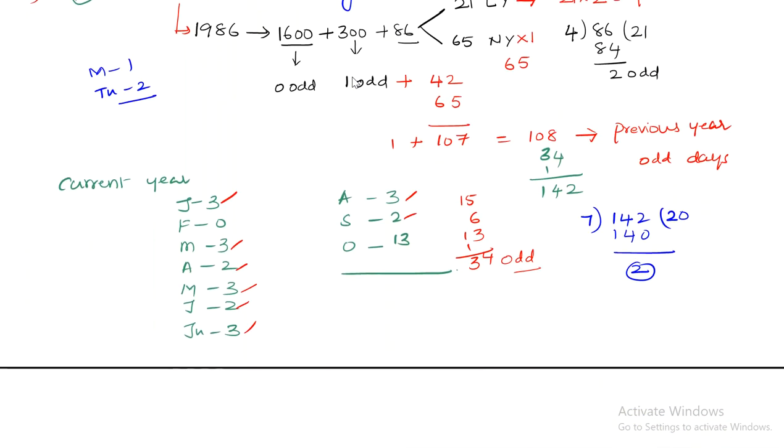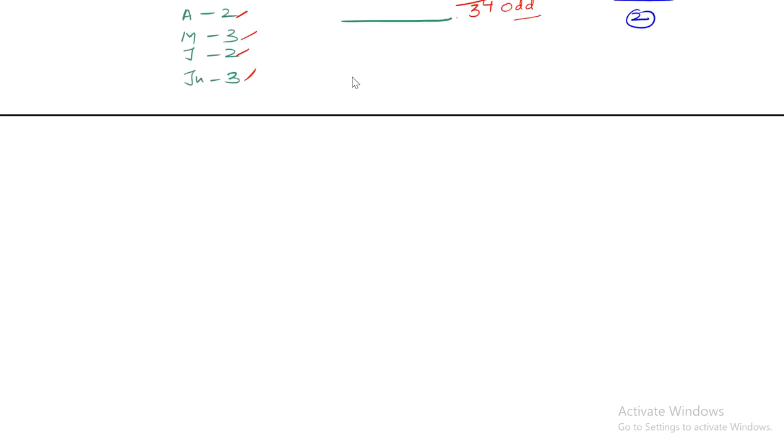Now there will be one more model in this calendar question type. That's the last model in this type of question. They are going to give one day of a month and year, and they will ask us to find some other day of the same year, or a different year or different month. Let's see that problem.